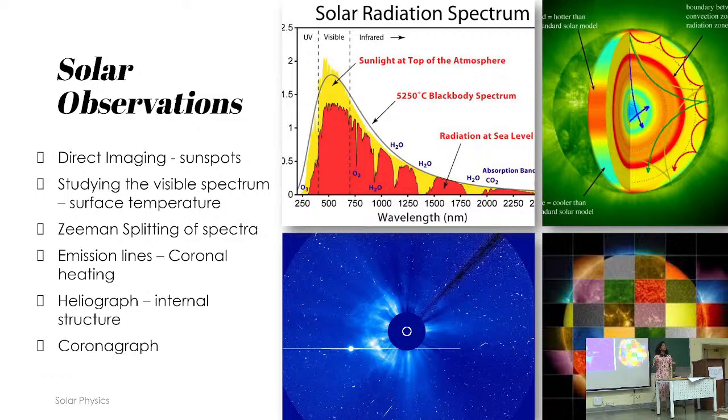But which part of the sun is 6,000 Kelvin? We'll come to that in some time. And then there's the technique of direct imaging. Galileo, many of you would have heard, got the direct imaging of sunspots and first found out about them. And then we have the Zeeman splitting, which is a very interesting application.